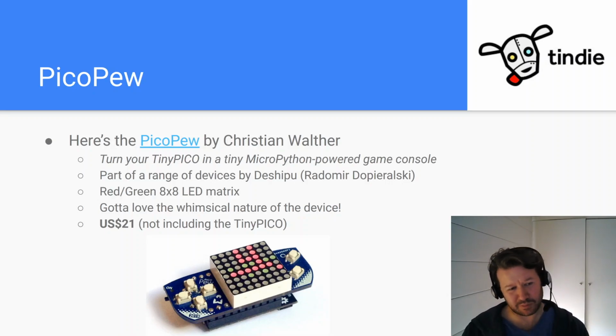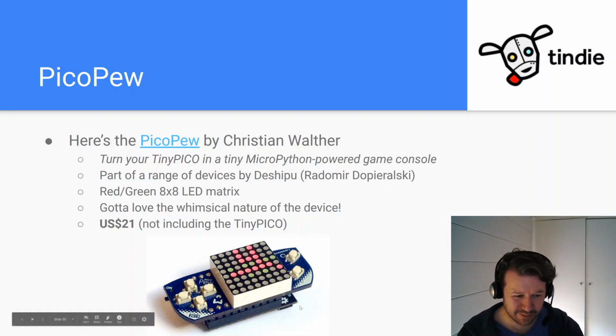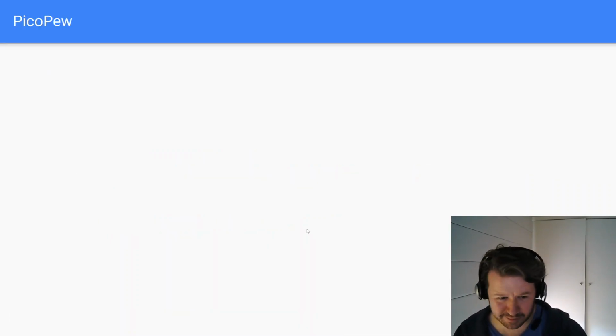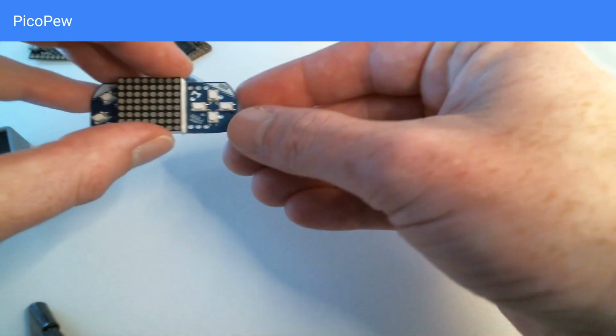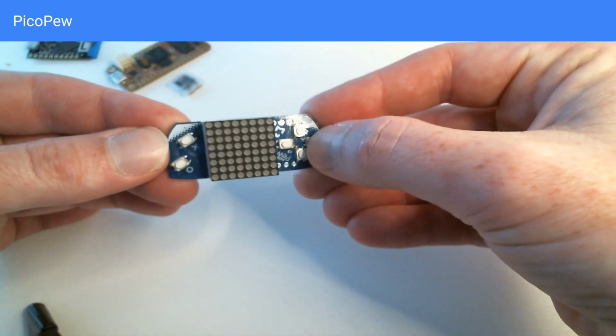And the idea is that you would grab a Tiny Pico, which all of you know the Tiny Pico, I'm sure, and you mount it in reverse. You can just see it sitting out from behind. Otherwise, you get this tiny little console. Yeah, I've got one of these too. So, that's what it looks like. As you can see, it's tiny.